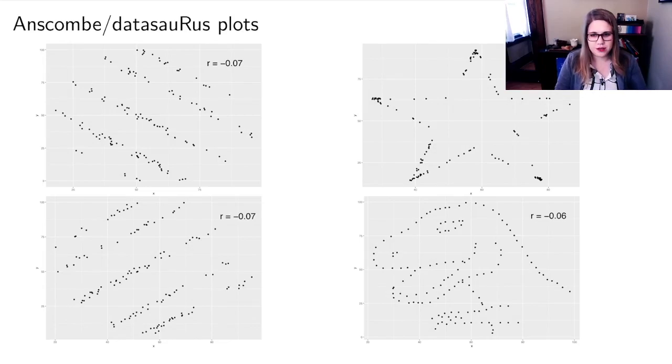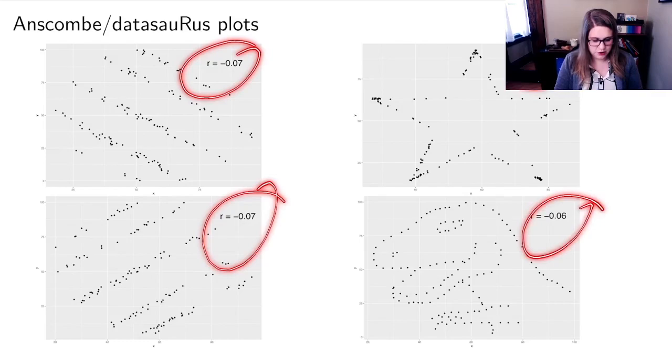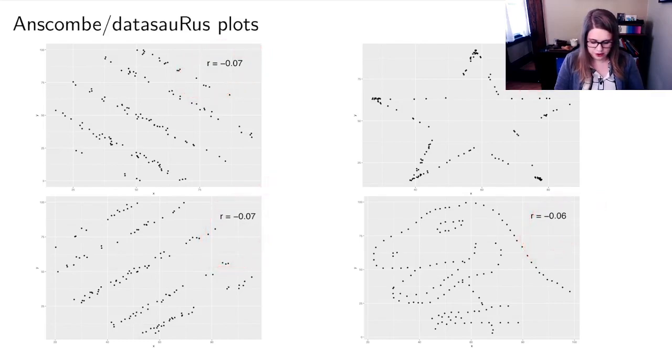If you just calculated the correlation, it's actually the same for all of these plots, or just about the same, to a rounding error. But when you look at the plot, you can see that there's a really different pattern going on. So this one looks vaguely positive, this one looks vaguely negative, this one looks like a star, and then this one down here looks like a dinosaur. So you really need to plot your data.